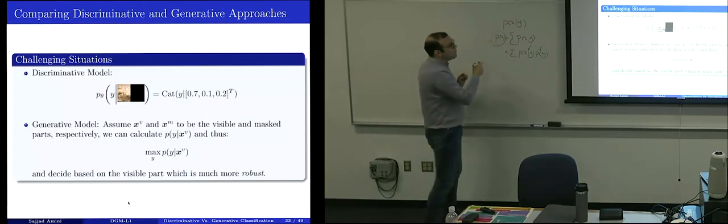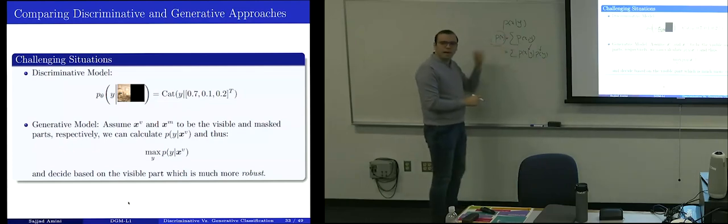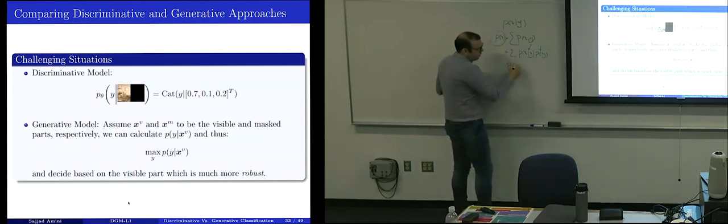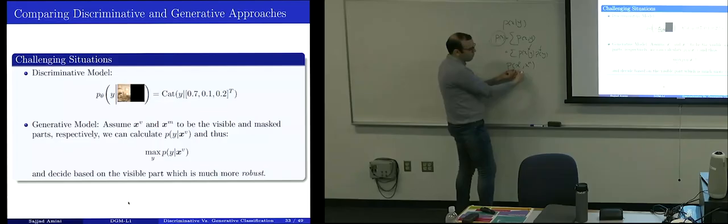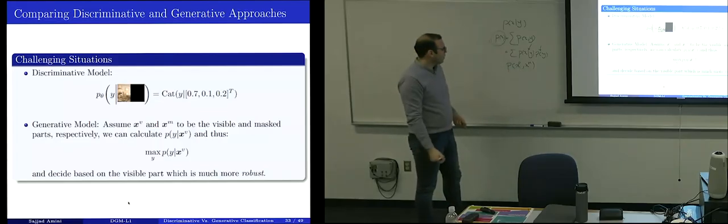One idea is that you can fill the missing part using this distribution. How? You have a visible part and you have a masked part. If you concatenate them together, you have the full data.